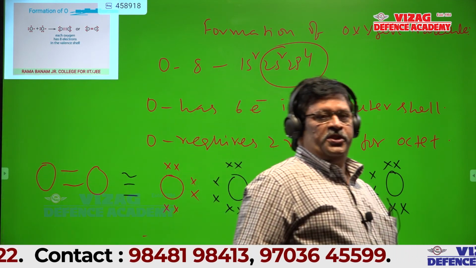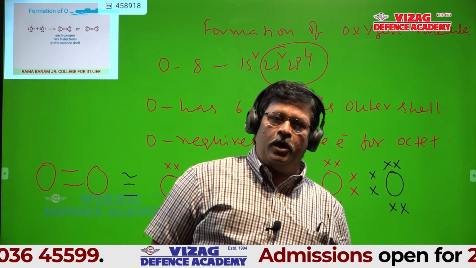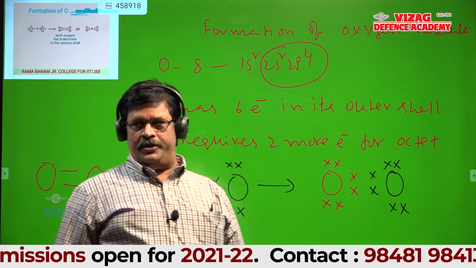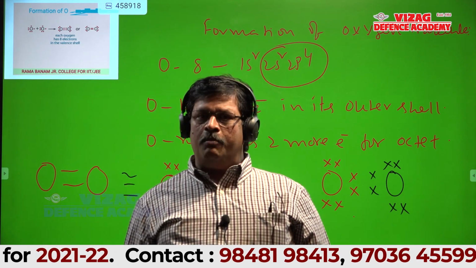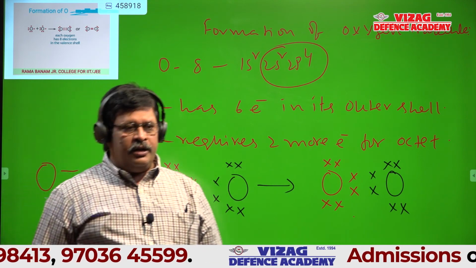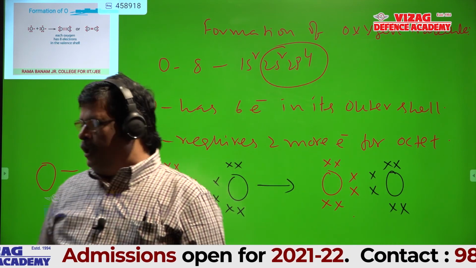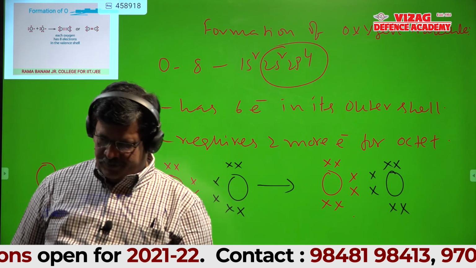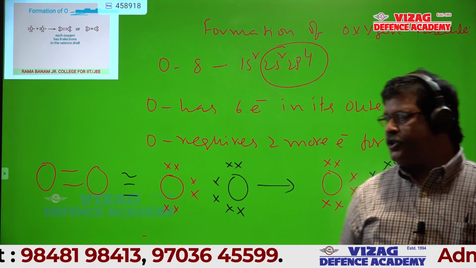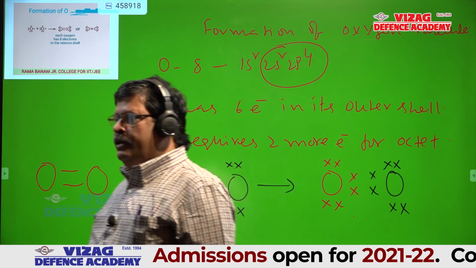So each oxygen atom contributes 2 electrons and forms a double covalent bond between two oxygen atoms. Write the Lewis dot structure, the electron dot structure of the O2 molecule. Write that clearly, and after that you go through.